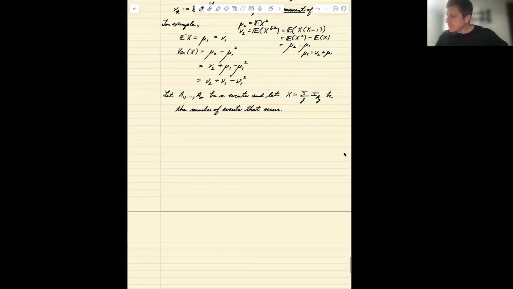So we're going to define a random variable. Just for clarity, I of Aj is the indicator of this event. We define it to be 1 if Aj occurs, 0 otherwise. So X is the sum of these indicators, so it's just the number of events that occurred.